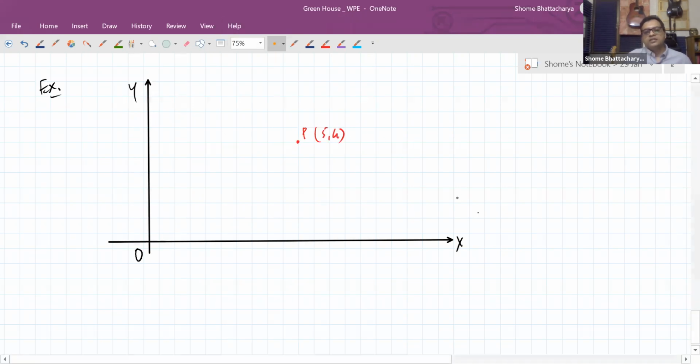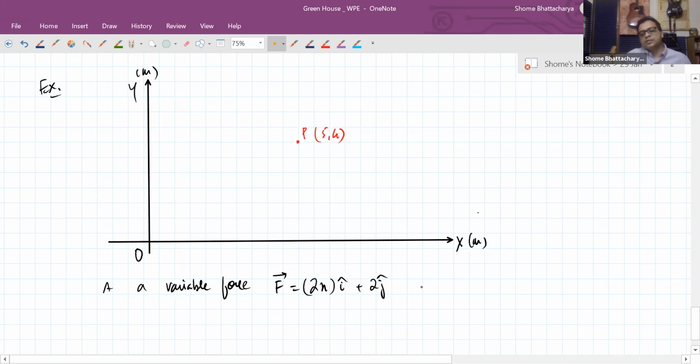So x is in meters, y is in meters. Now a variable force given by F is equal to 2x I cap plus 2j cap acts on a particle at the point x comma y, where the force is in newtons, and x and y are in meters.